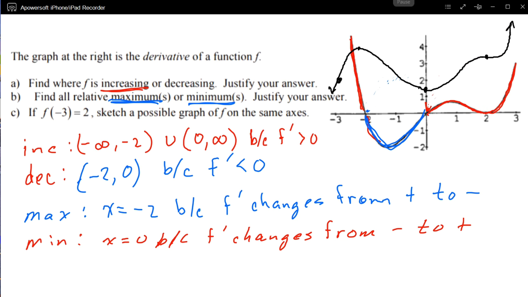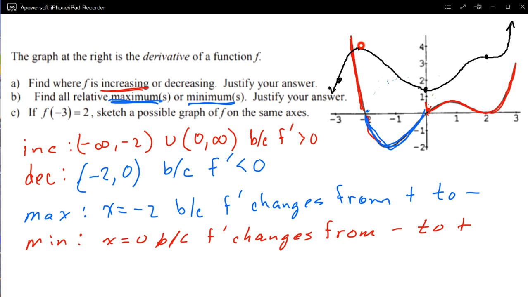Okay, I went ahead and took the liberty to sketch a graph while I was out, and what we've got here, we want to look for some specific points. Right here we know we have to have a maximum because our f prime changes from positive to negative.